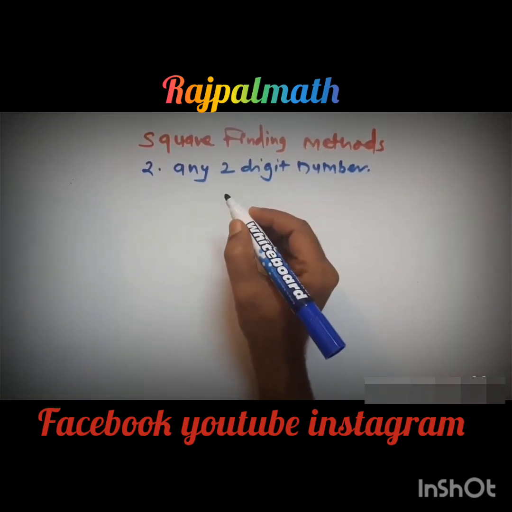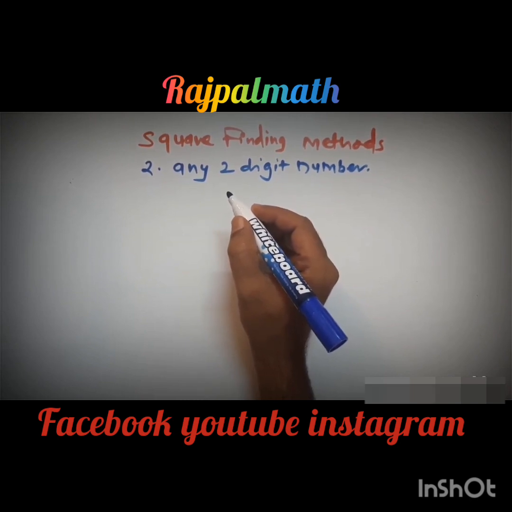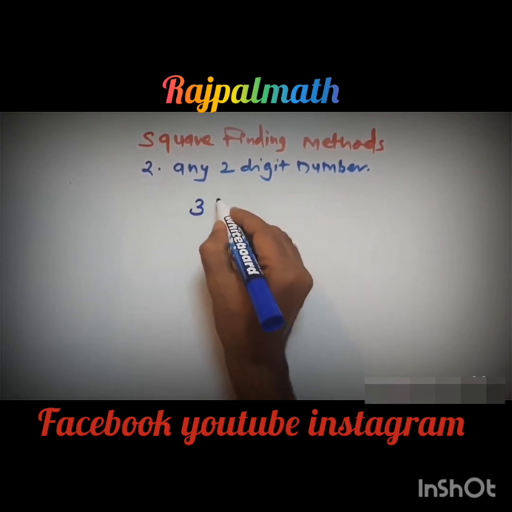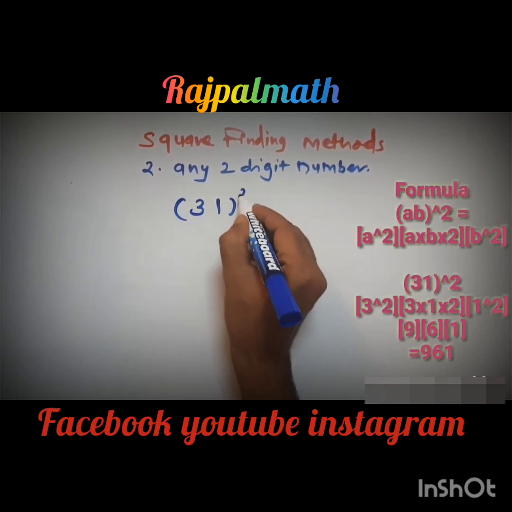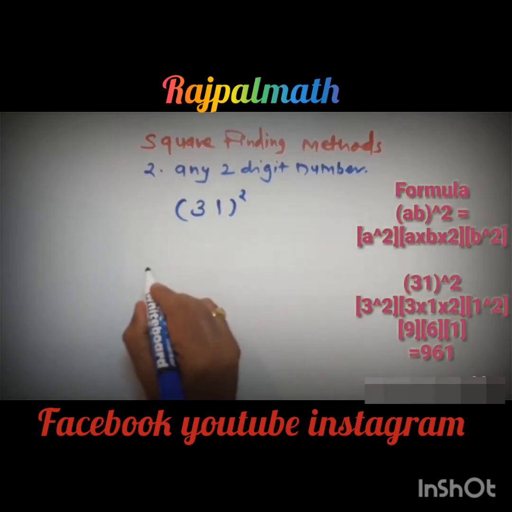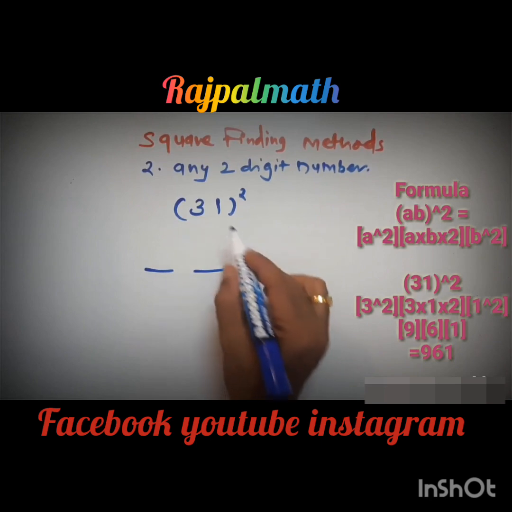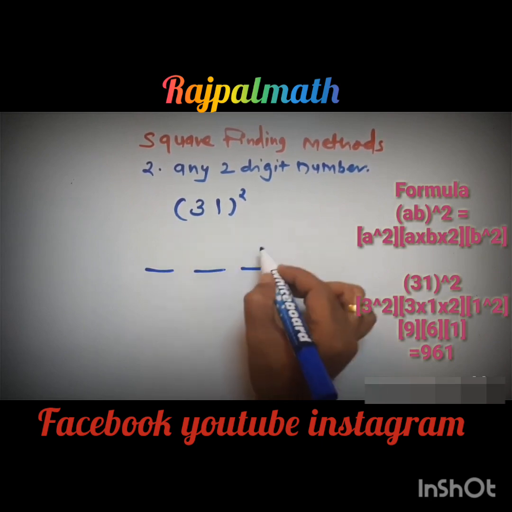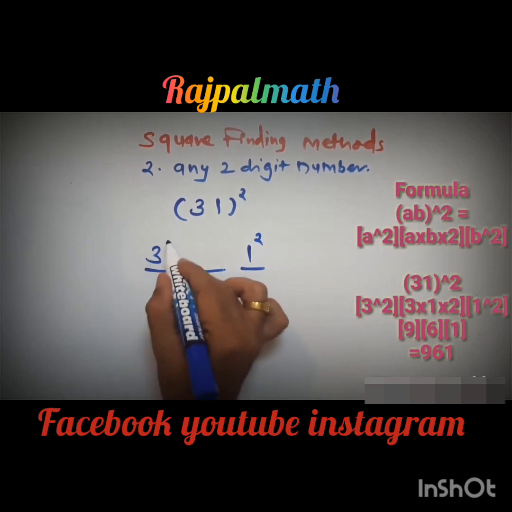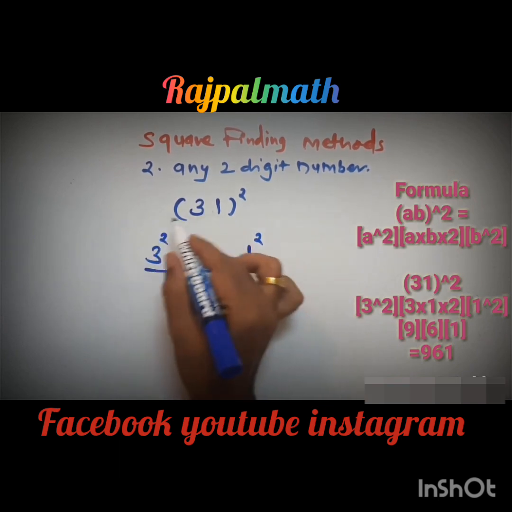So moving to our second method, where we can find out the square of any two-digit number. Let's take an example, 31. What I'm going to do is make 3 places like this. In the first place I'm going to write the square of the unit digit, that is 1. In the third place I'm going to write the square of the ten's digit, that is 3.